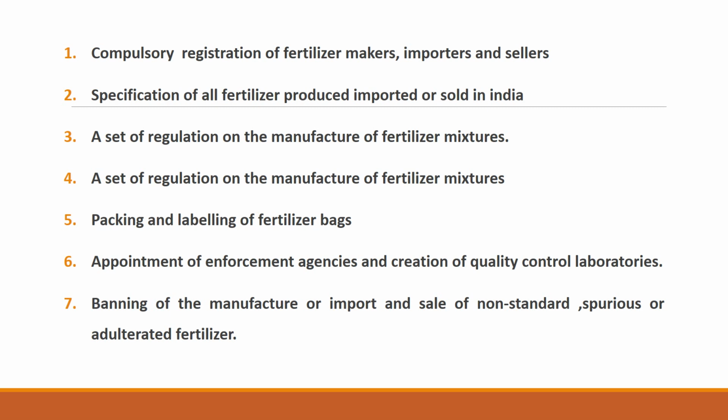This is the working of the FCO, along with the creation of quality control laboratories, and banning the manufacture, import or sale of a product if they find it adulterated or spurious.